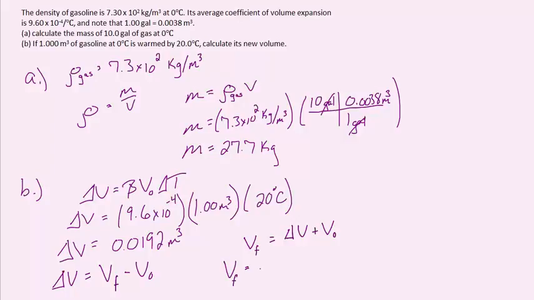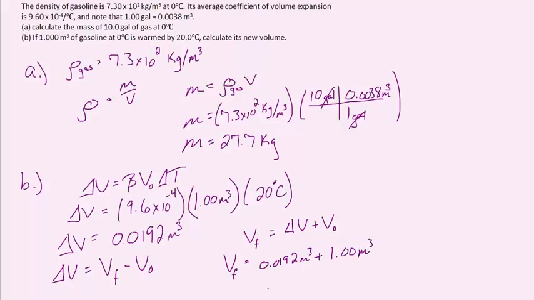Our change in volume was equal to 0.0192 meters cubed plus an original volume of 1.00 meters cubed. When we add our values together, we see that our final volume will approximately be equal to 1.02 meters cubed.